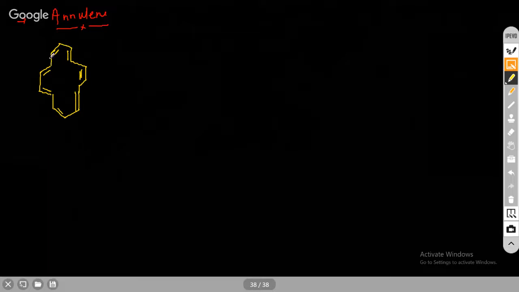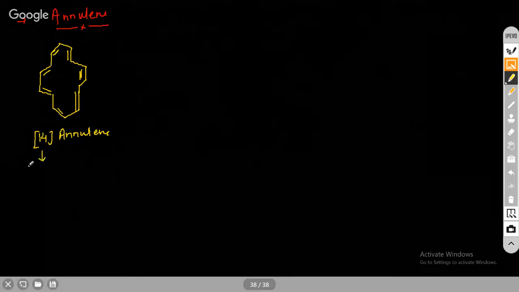But we write this as what? The name of this compound is 14 annulene.